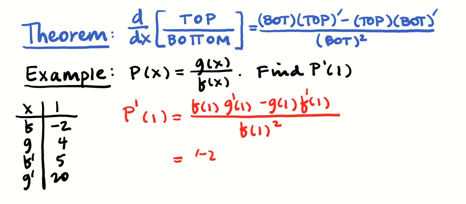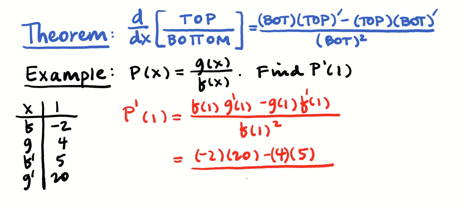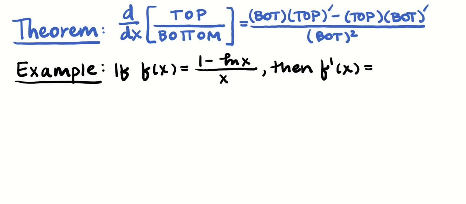So f is negative 2, g prime is 20, minus g is 4, times f prime is 5, divided by f squared. Well, f is negative 2. So I might just write it like that and just move on, right? Because that's a number that's equivalent to the derivative of p at x equals 1.